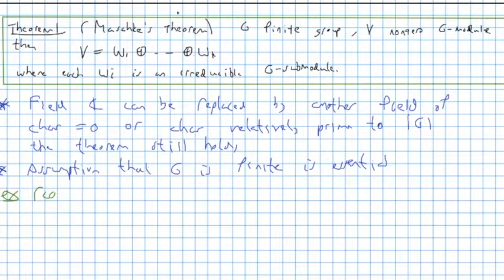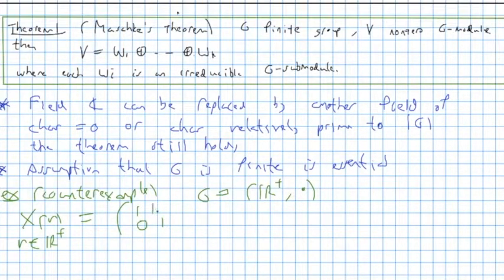I need to work on an infinite group, so I'm going to take G to be the positive reals with multiplication. And I claim that if r is a positive real number, then the following is a two-dimensional matrix representation: an upper triangular matrix with log of my real number r.